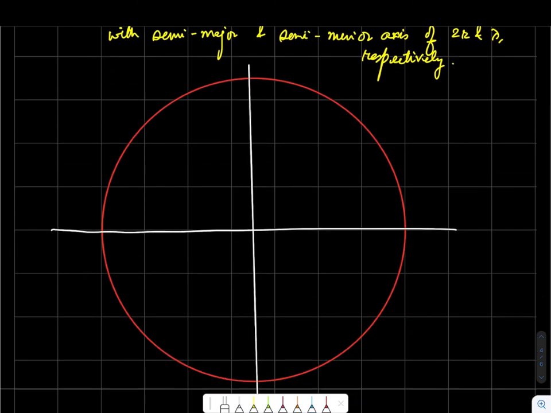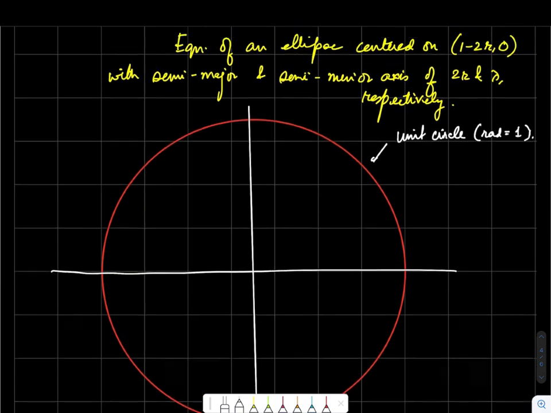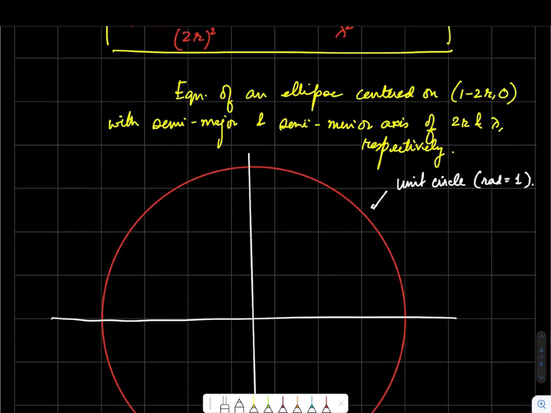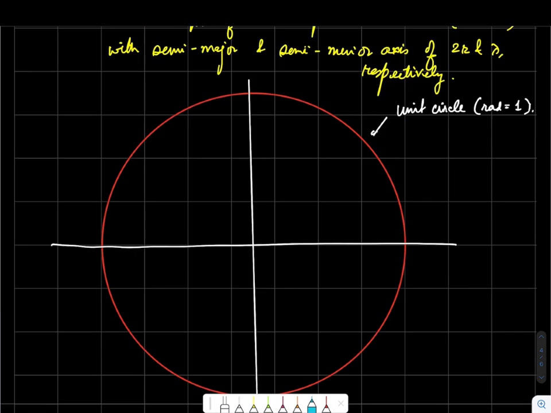So what I've drawn here is a unit circle, which means it has a radius of 1 unit, and we will now see how the ellipse works out within this unit circle, because essentially that is the locus of all on that stability function.